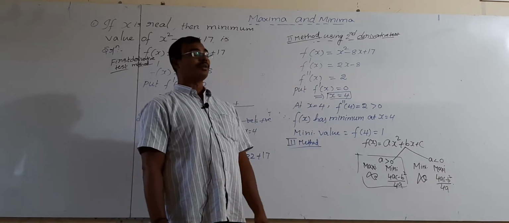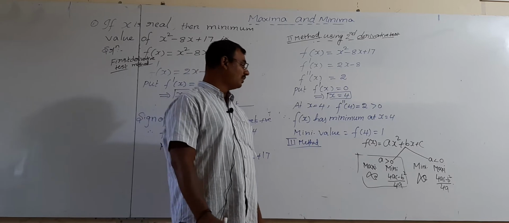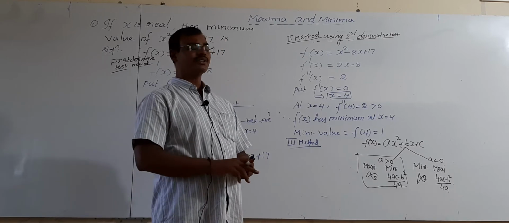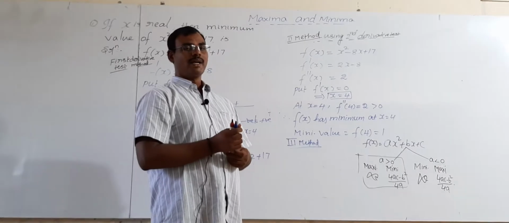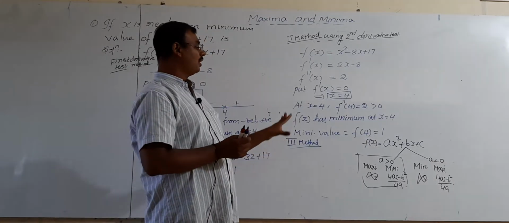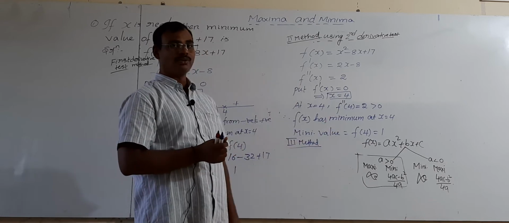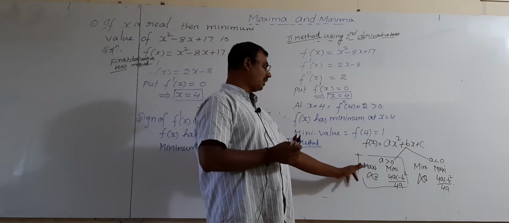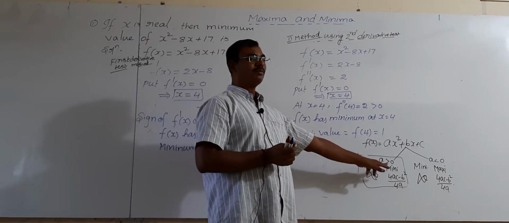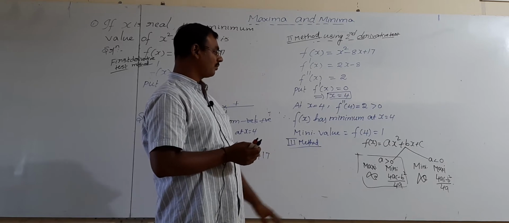All of you remember this method. You can get the minimum value and maximum value. So direct values we are getting here. To find the maximum and minimum, whenever you see the quadratic form, two cases follow. If a greater than 0, maximum is always infinity, minimum is 4ac minus b square by 4a.